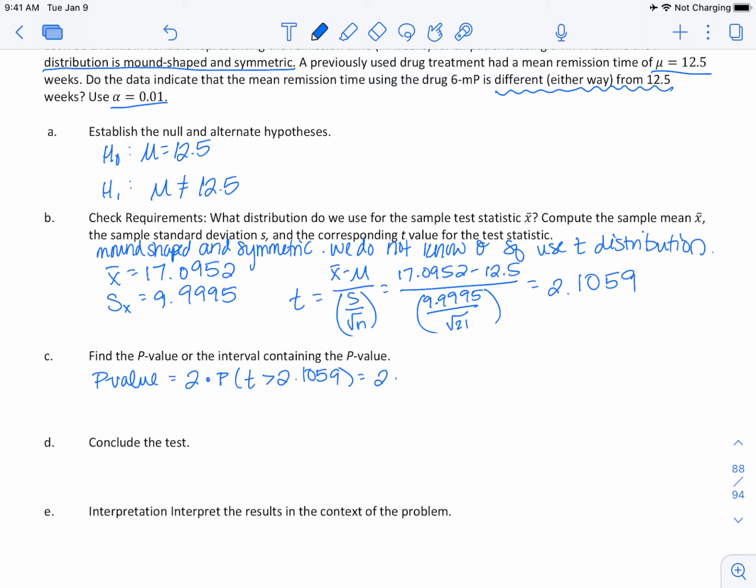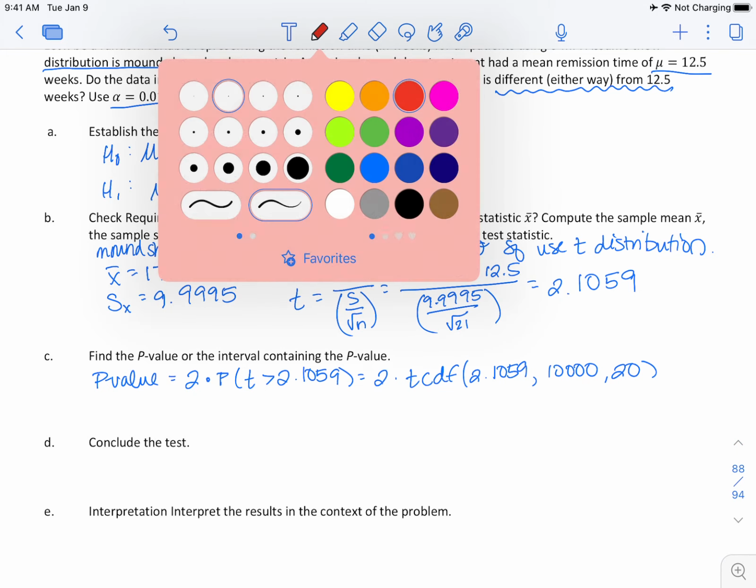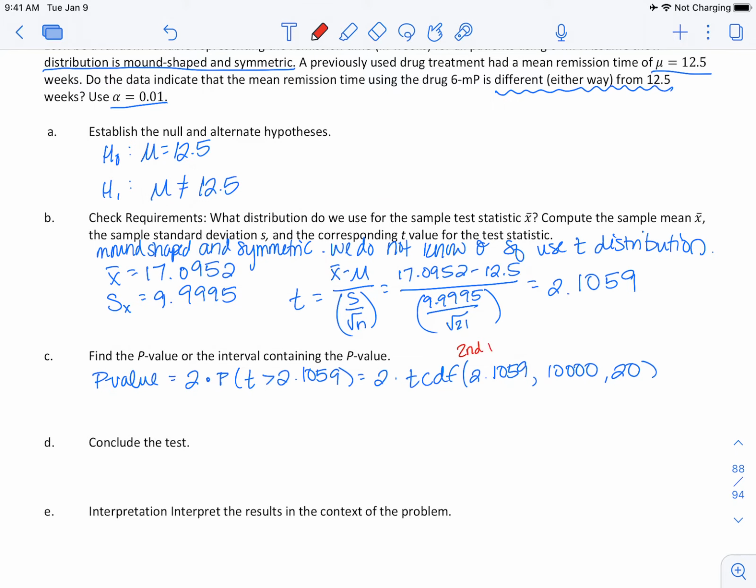So it's 2 times our t CDF, 2.1059 to 10,000, and then 20 is going to be our degrees of freedom. Okay, so again, if you do second VARS, choice 6 is the T CDF in your calculator, and you're going to do lower bound, upper bound, and then degrees of freedom.